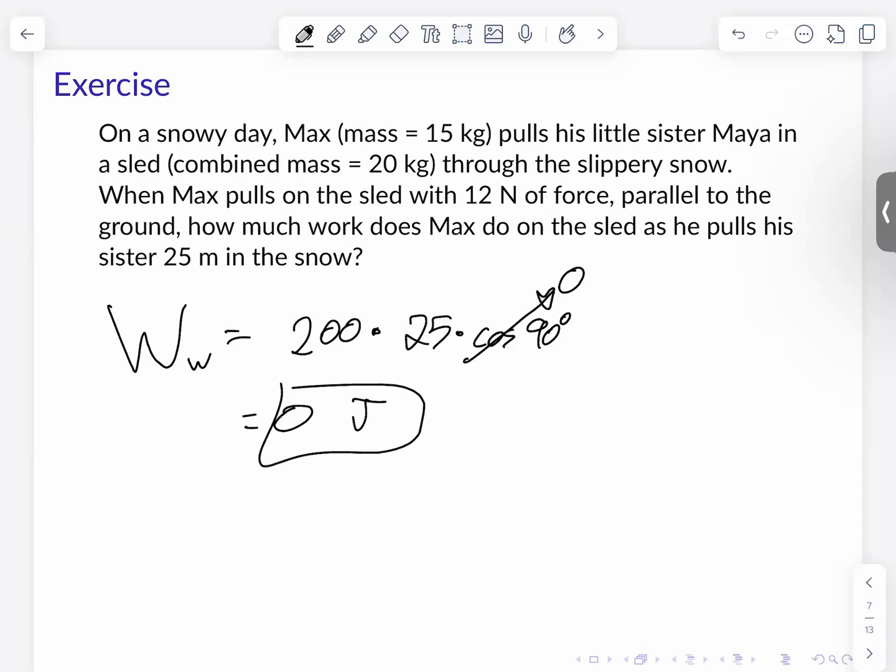The question is, now pretend there is no friction on her. So that means she has to speed up. He's applying 12 newtons. She has to be accelerating. Find her velocity at the end of the 25 meters of distance.